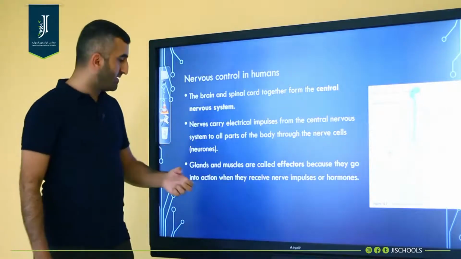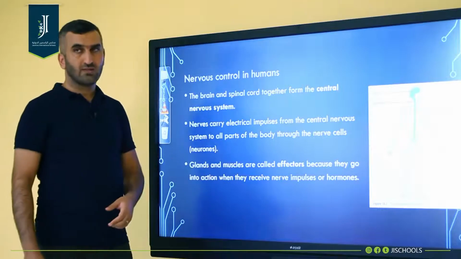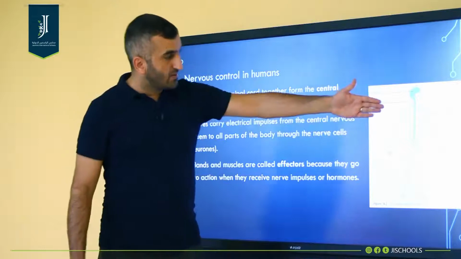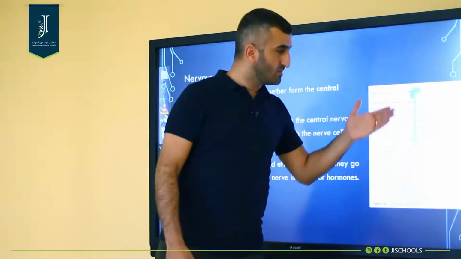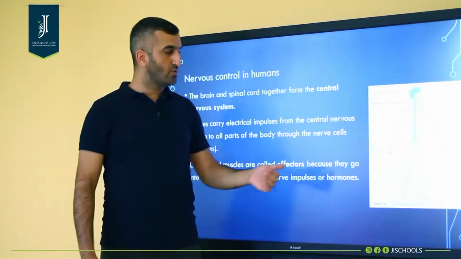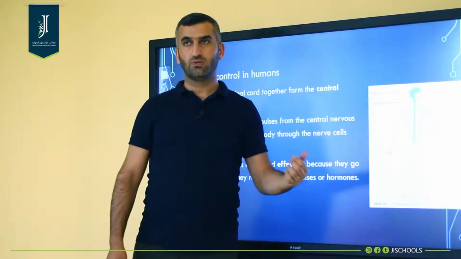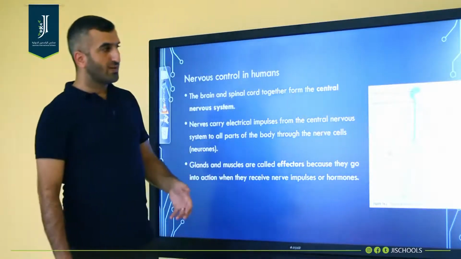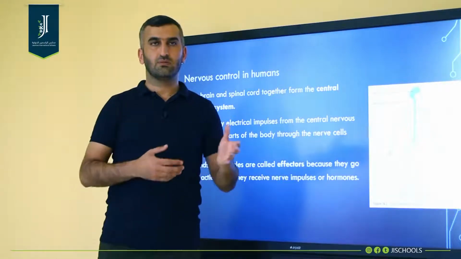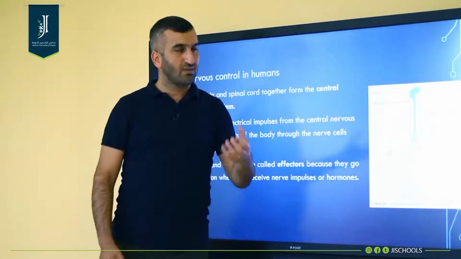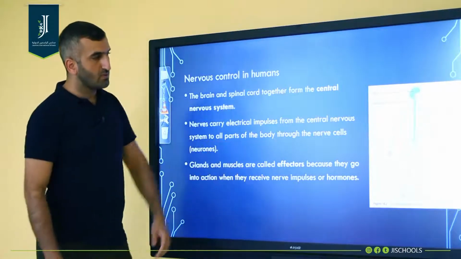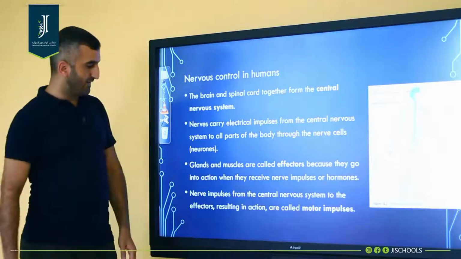The effectors are either muscles or glands that can respond to an electrical impulse through nerves, or respond to a hormone. When some muscles receive that hormone, they might contract or relax according to its effect. So these are considered effectors.